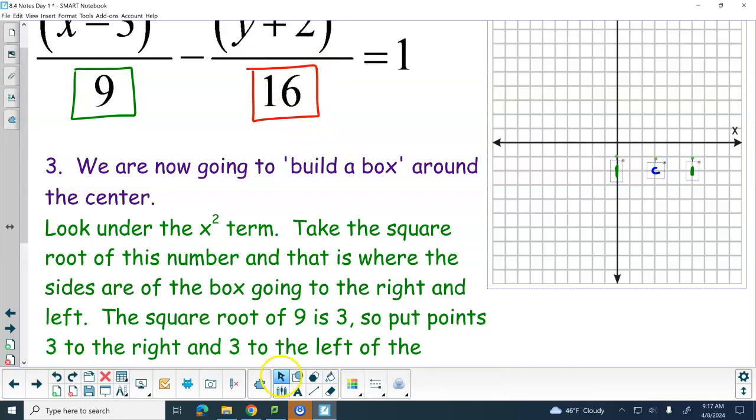So we are going to go up and down 4 from the center, again putting dashes. And now we're going to lightly draw. I would go with dashed lines for the box here.